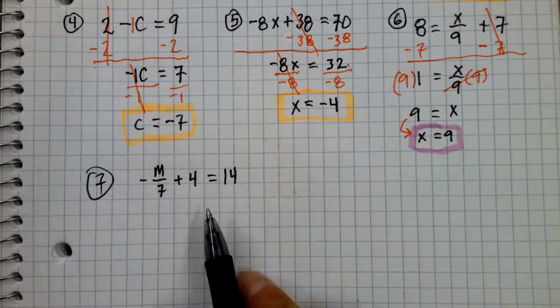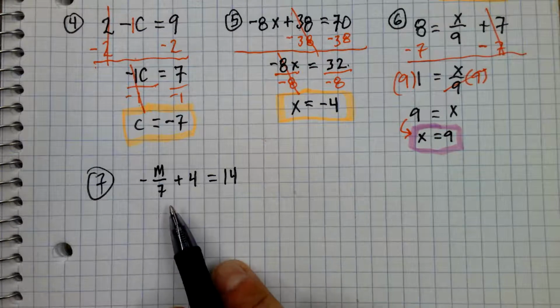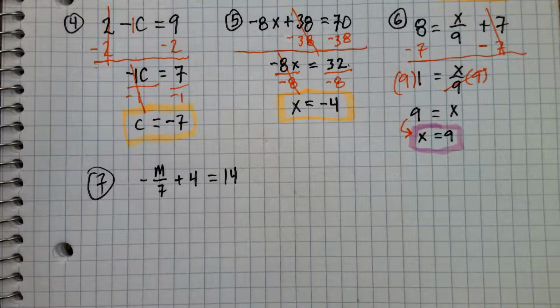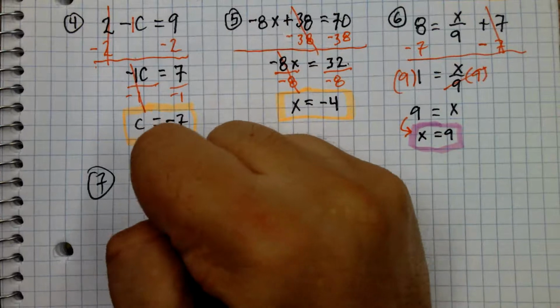Okay, write that down. Negative m over 7 plus 4 equals 14. So what's my constant number here? 4. So get rid of this 4.